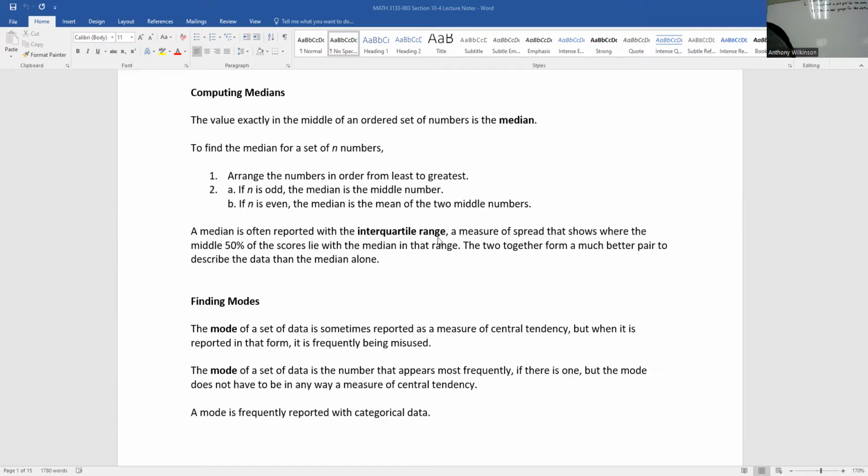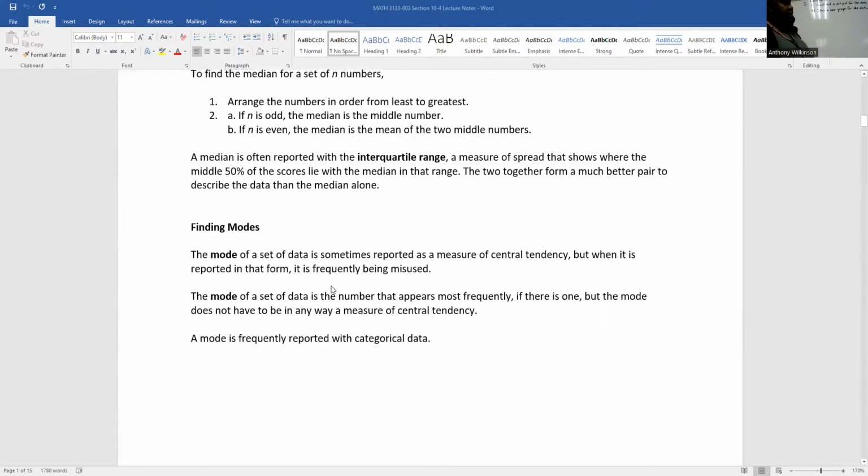The two together form a much better pair to describe the data than just the median itself. It's simple.